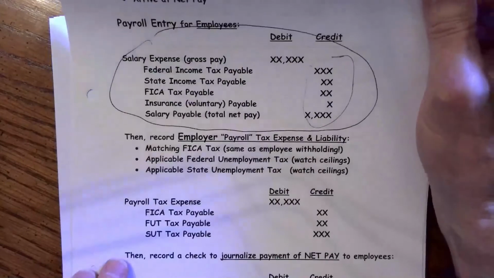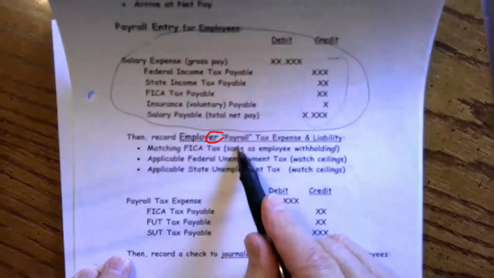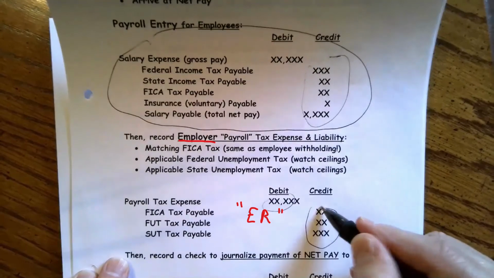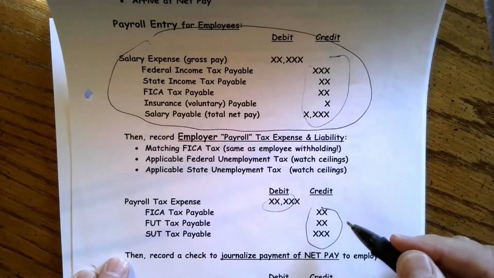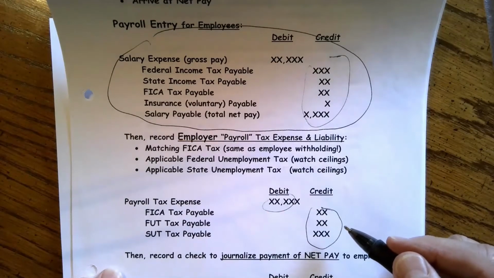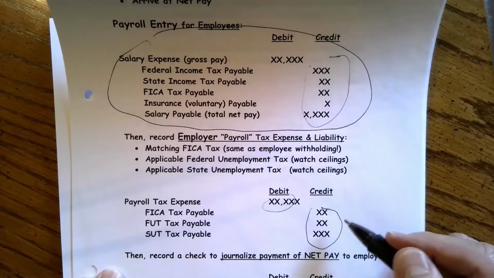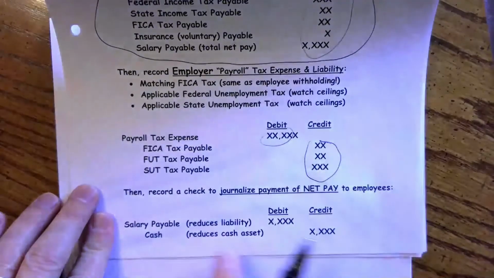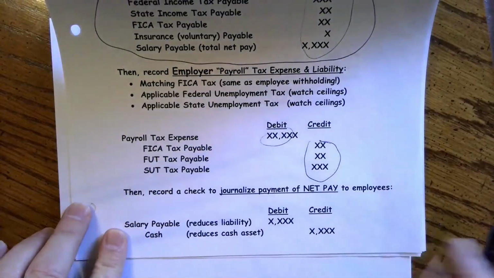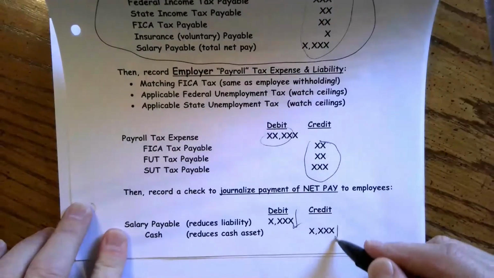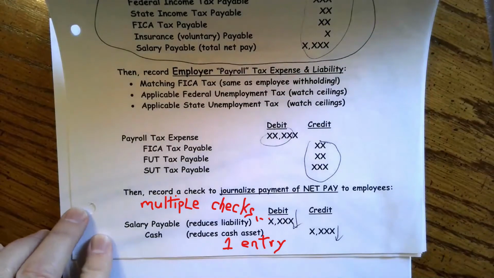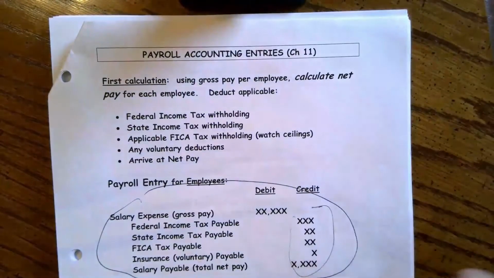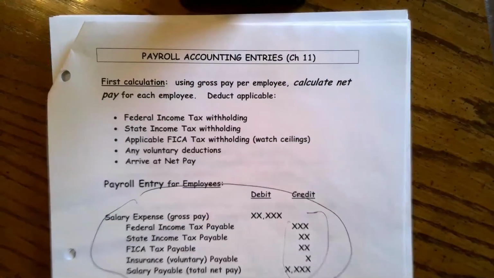The second journal entry recording the employer payroll tax expense, setting up the various tax liabilities payable to state or government agencies. And the last entry, writing checks to employees, reducing salaries payable, reducing cash. Those are three journal entries that you need to be very familiar with in this chapter. Again, this is a handout on Momentum.